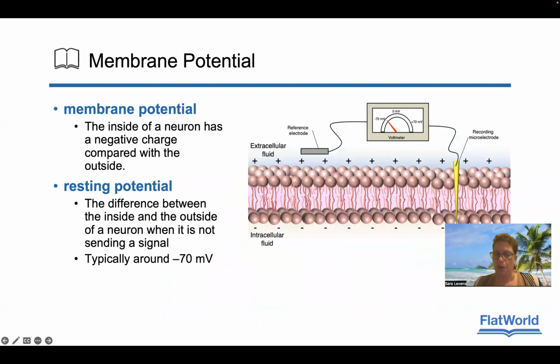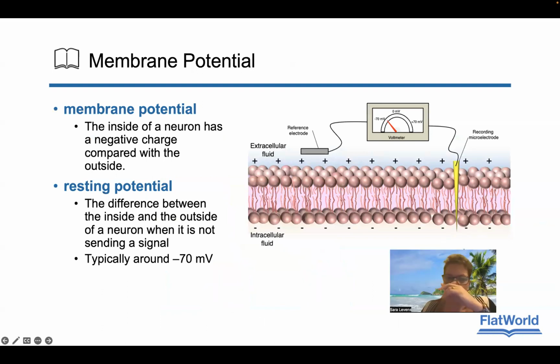All right, so here are the next steps. Here is where we have our membrane. As I've talked about, we have the extracellular fluid and the intracellular fluid. The extracellular fluid is more positive compared with the inside of the cell.